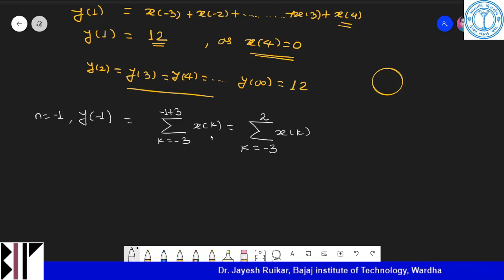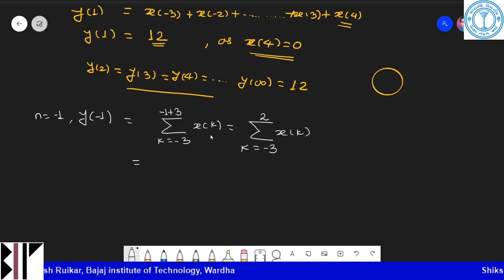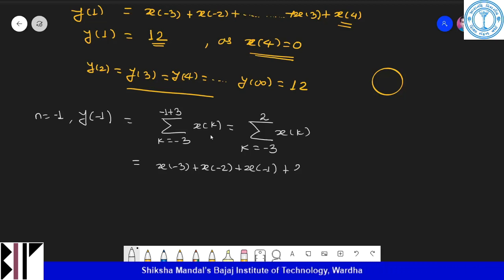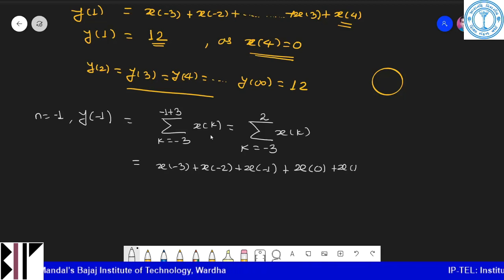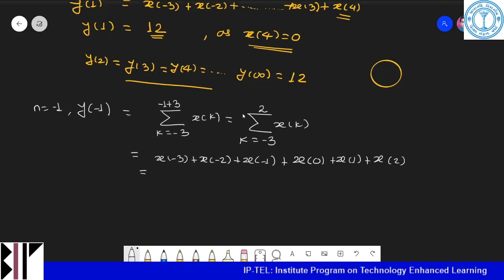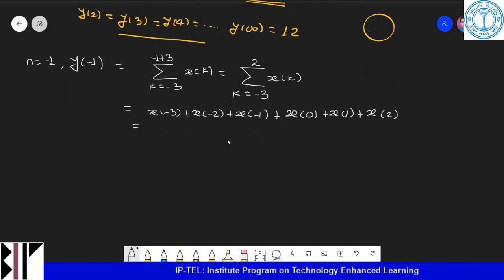Now just simplify. You know how to simplify. You have to put all the values from minus 3 to plus 2, and then this is the summation of x of k. So x of minus 3 plus x of minus 2 plus x of minus 1 plus x of 0 plus x of 1 plus x of 2. Put the values of all these functions.